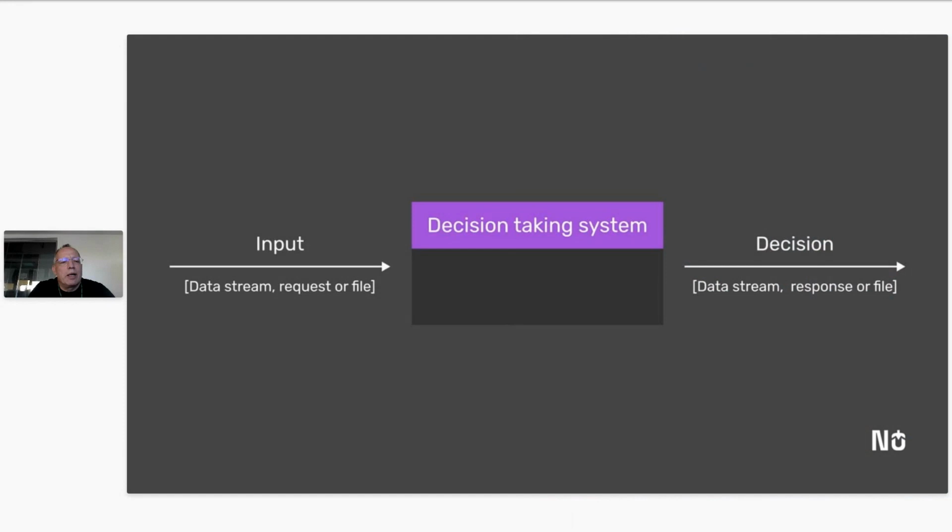They take an input from the data stream. The data stream contains events, or they just get a request with some kind of an inquiry, and they process this data to deliver the decision and put the decision into the outgoing data stream, or just deliver this decision in the response if the origination came from the request.